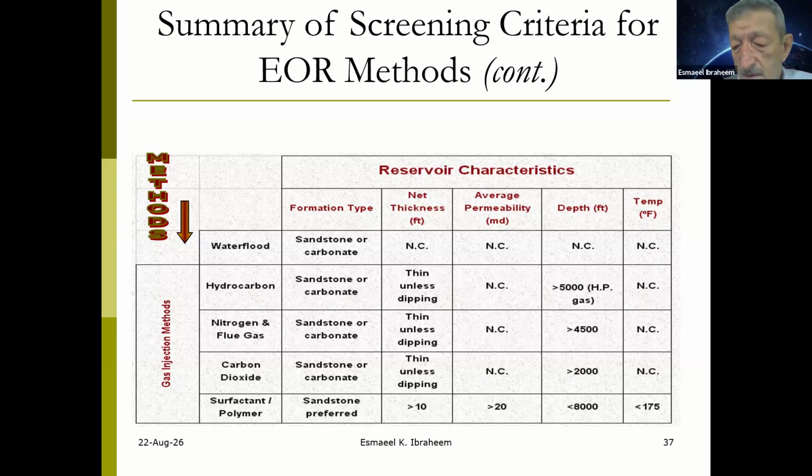The depth is more than 2,000 feet, that's the minimum actually, and no temperature characteristics. For surfactant polymer, sandstone is preferred, and the net thickness is more than 10 feet. The average permeability is more than 20 millidarcy. Depth is less than 8,000 feet, and the temperature is less than 175 degrees F.